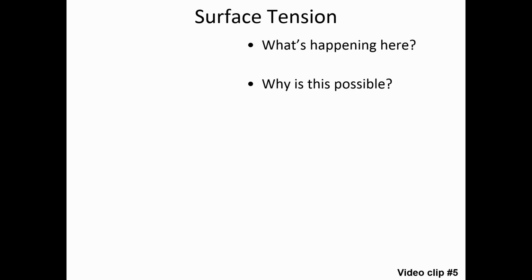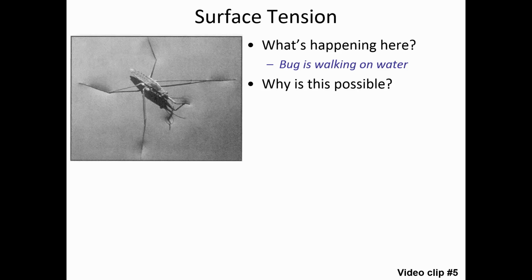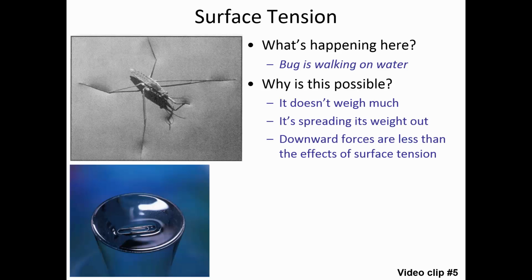Water is a polar molecule, and so water molecules are attracted to each other, and at the surface there's a little bit of leftover attraction because it can't reach out to water molecules above it. All that's above the water at the surface is air. And so it has an extra strong attraction to the water molecules on either side of it.